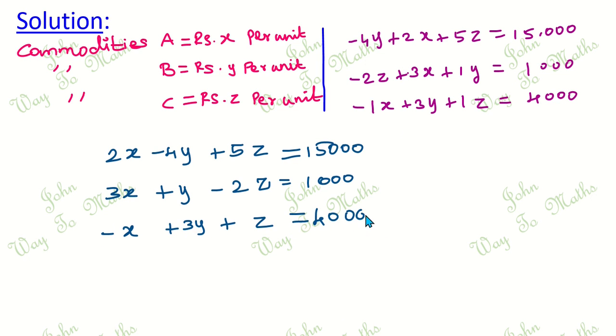So these equations can be written in the form of matrices. First I am going to take the coefficients of x: 2, 3, minus 1. Then the coefficients of y become minus 4, 1, 3. Then the coefficients of z become plus 5, minus 2, plus 1.